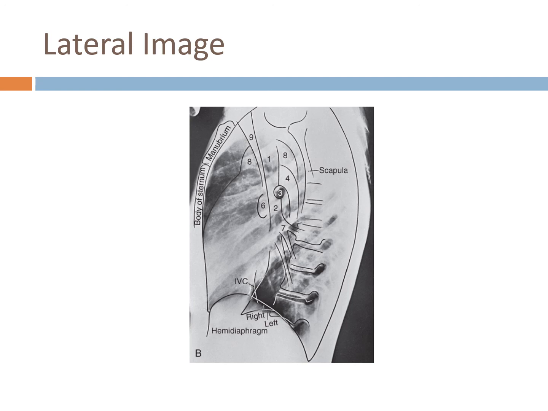Left main bronchus number 3, because the front of the chest would be on the left side of the film you're looking at, where it says body of the sternum and the manubrium. The left interlobar artery 4, aortic arch again would be 8. Just looking at some of the bigger ones. 9 is your inferior vena cava.